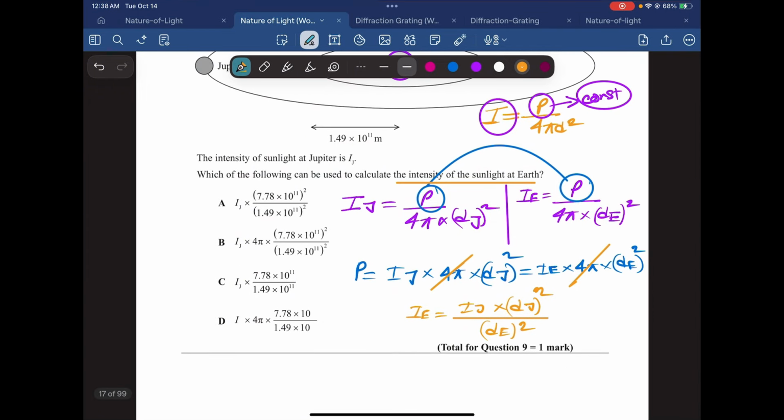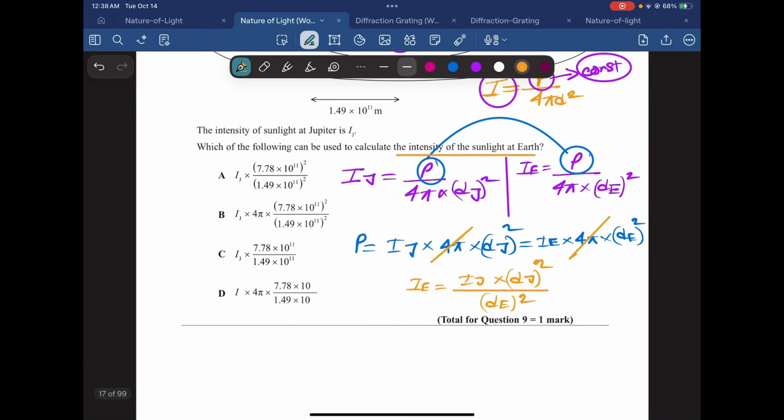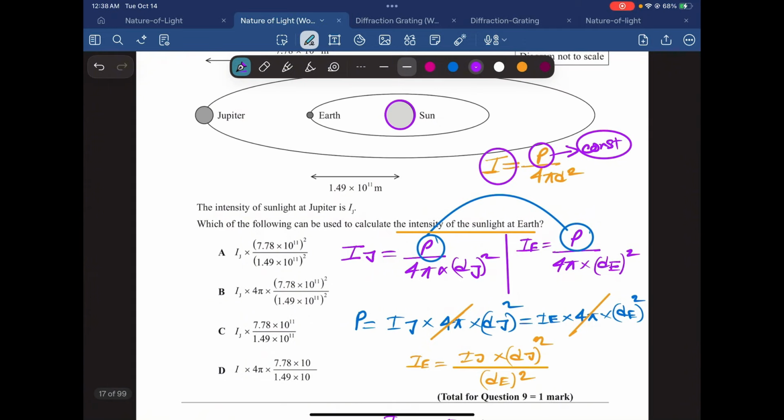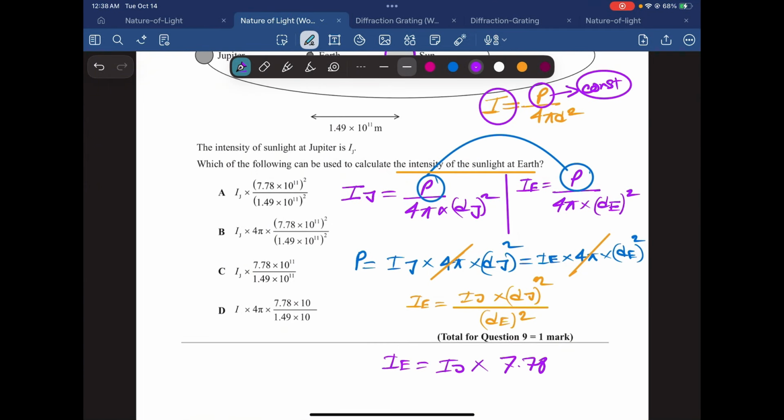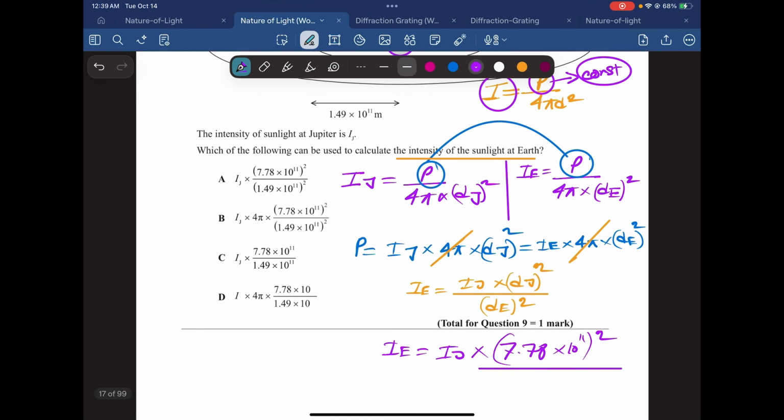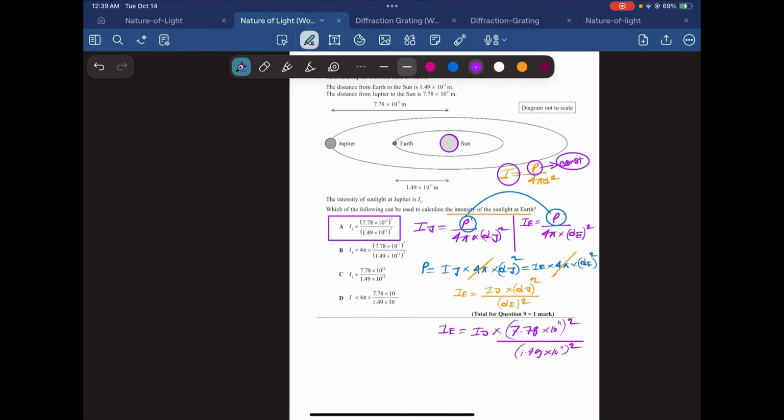They didn't give us the intensity of Jupiter, so we will have to keep it in the formula. So intensity of the Earth is equal to intensity of Jupiter into (7.78 into 10 to the power 11) squared divided by (1.49 into 10 to the power 11) squared. So our correct answer is definitely going to be A. Hopefully you guys have understood it completely.